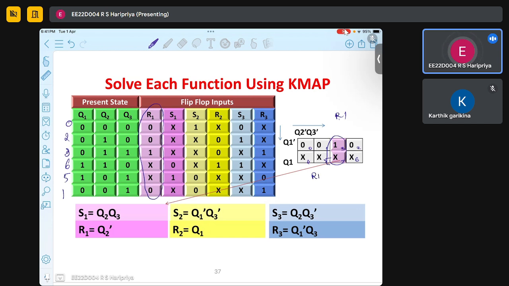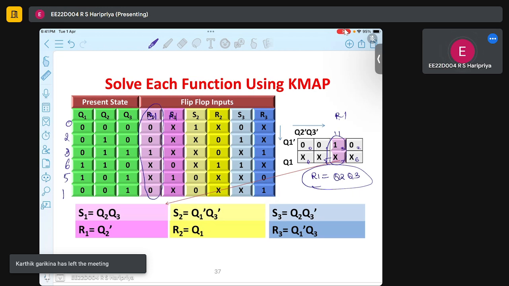So R1 we obtain this. I think this should be S1. So this is S1.